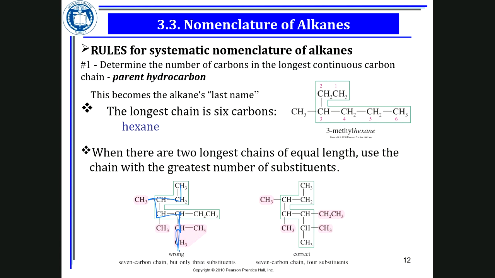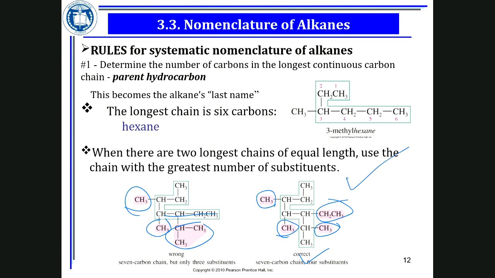If you go down, like the second choice here, you have 1, 2, 3, and 4 branches. If you go straight here, you would get only 3 branches. The one that follows the IUPAC rule is the one with the greater number of branches.